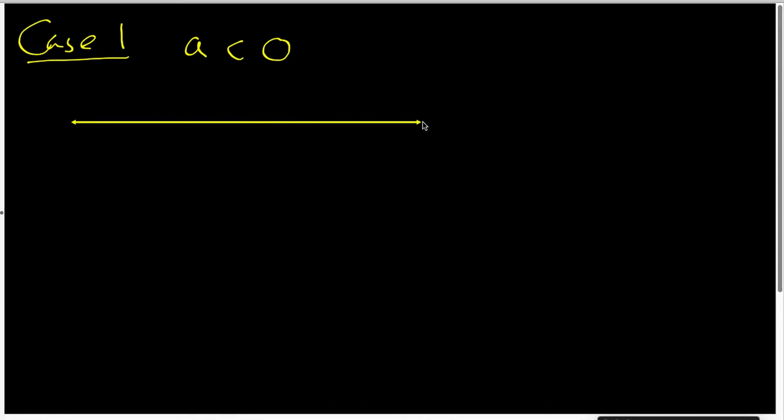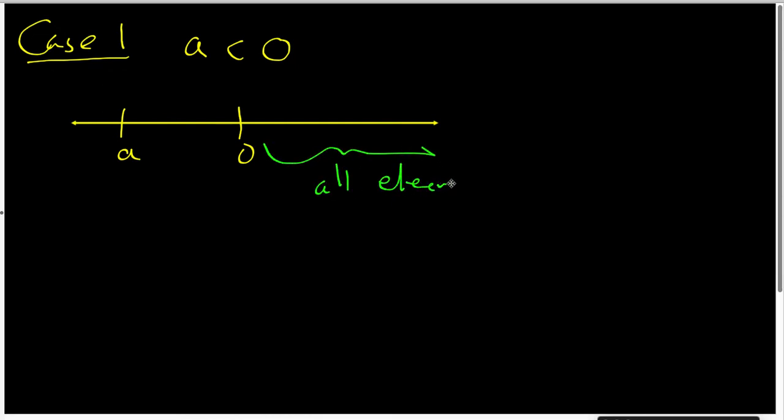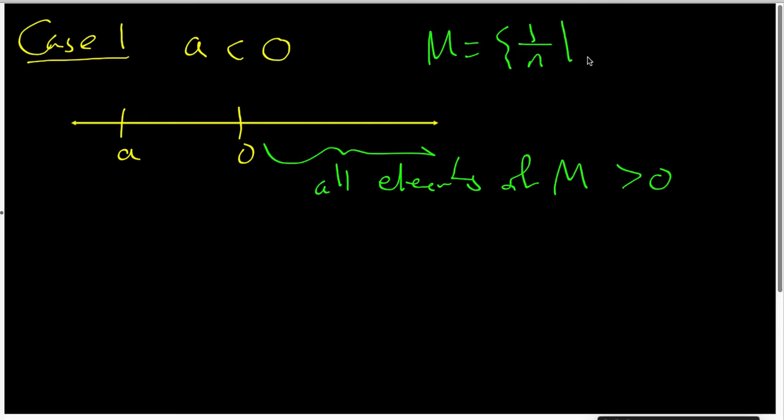Case 1. A is actually less than 0. And what does that look like? Well, there's my number line. Here's 0. Here's A. And I want to remind myself that all elements of capital M are known to be bigger than 0. Remember, capital M is the set of reciprocals of the natural numbers, so they're all positive.